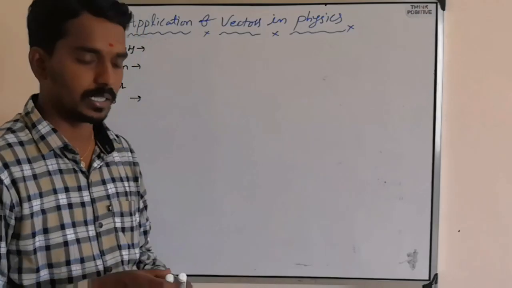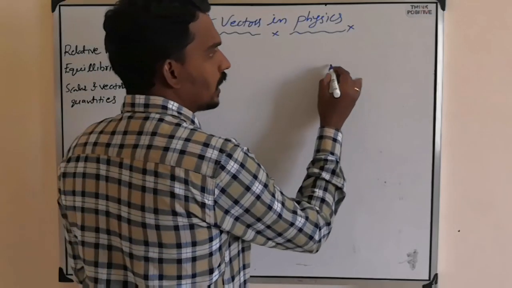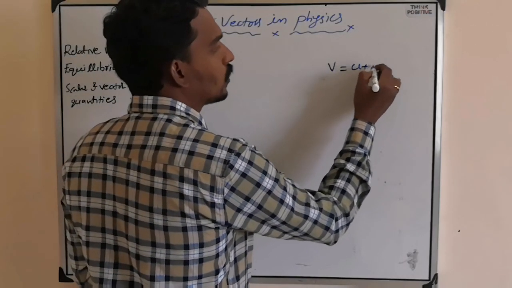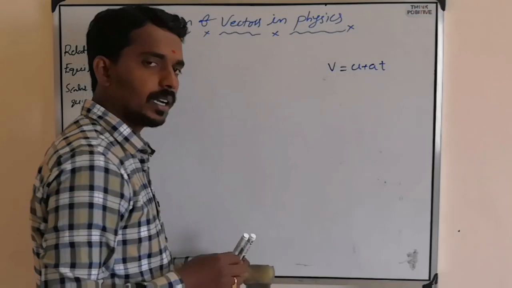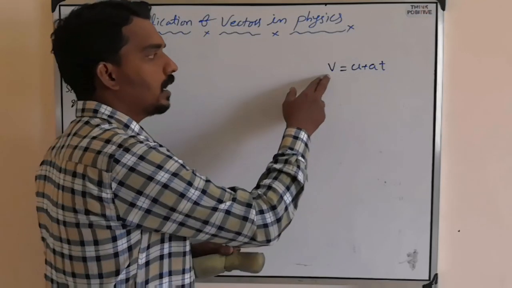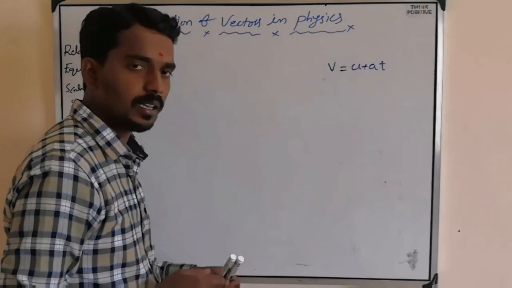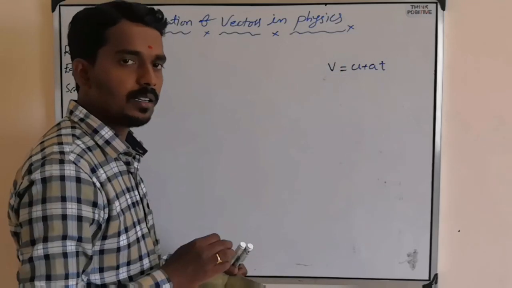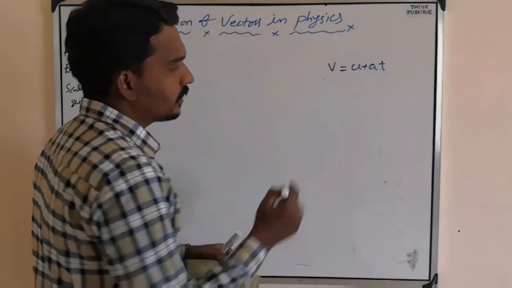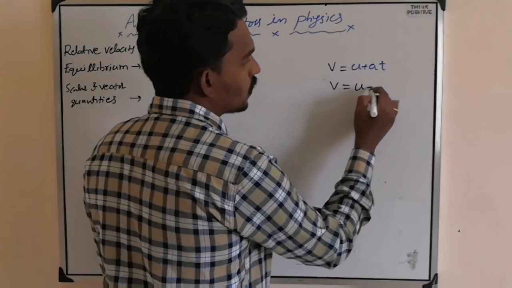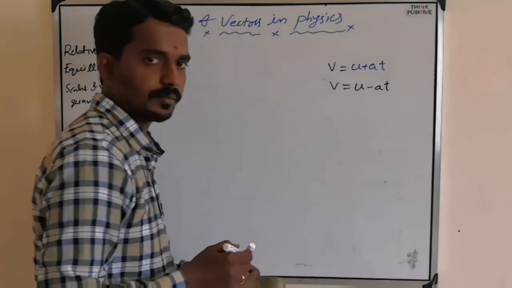First I will start with one example. Let's take the equation of motion v equal to u plus at. It is the relation between final velocity and initial velocity for a particle moving with constant acceleration. And the same relation you will write as u minus at.